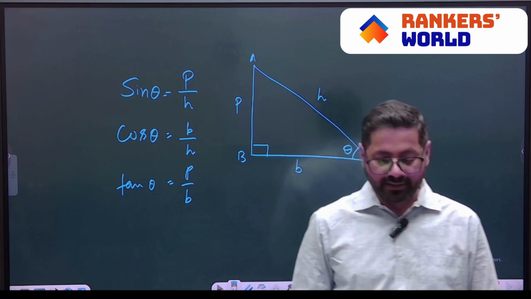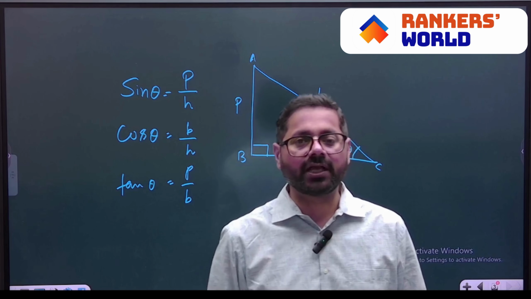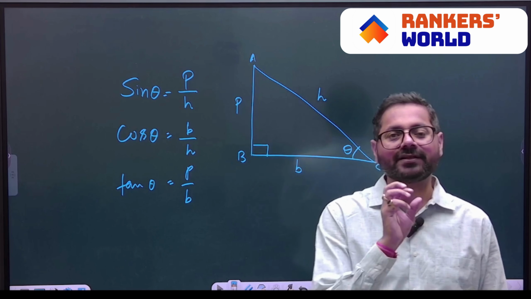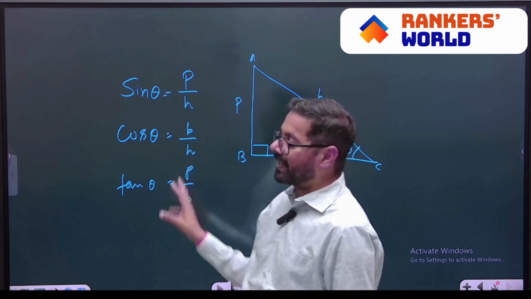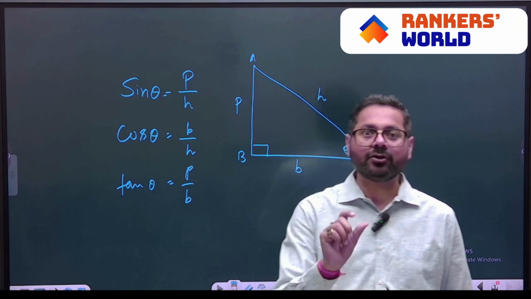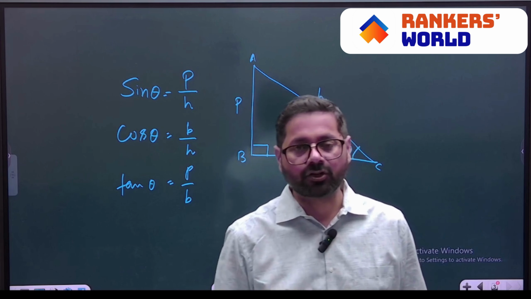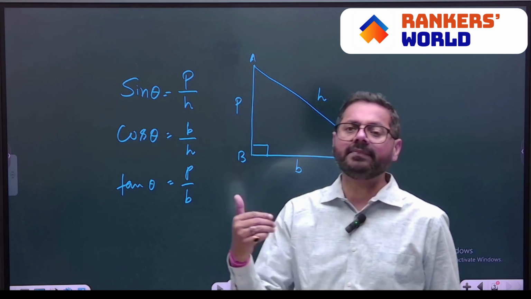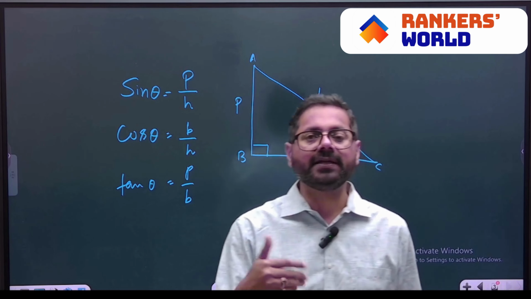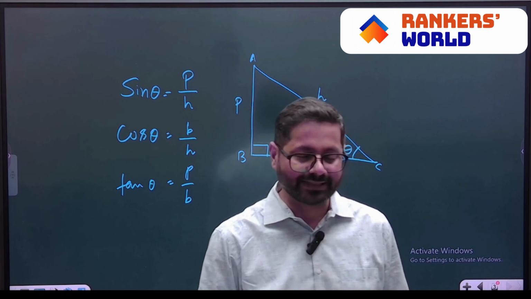Think in a perspective. Pythagoras talks about the relation between the theta and the sides, and it gave three parameters with three different nomenclatures: sine theta, cos theta and tan theta. And then they also define what is meant by sine theta, cos theta and tan theta.